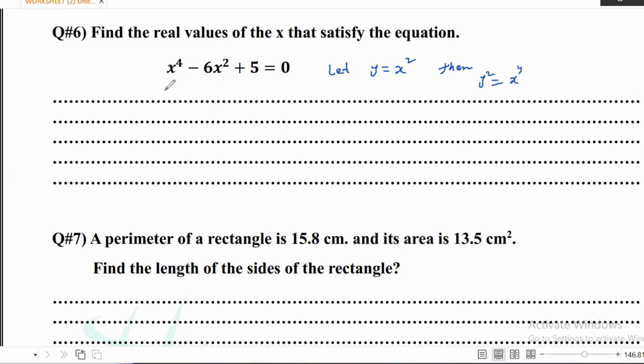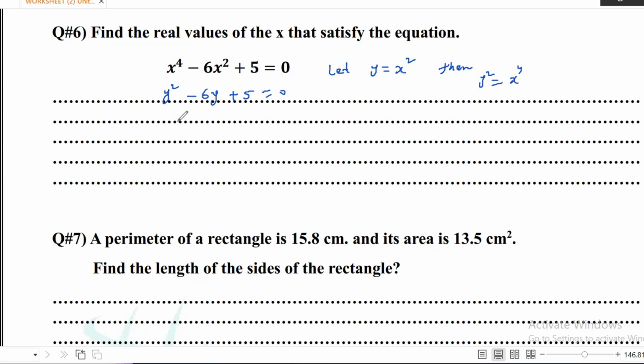So in place of x to the power 4, we can say y squared minus 6y plus 5 is equal to 0. So after this, it's a normal quadratic equation. So we can think about the factorization concept as well as completing the square. First of all, factorization. Our product is 5 and sum is 6. 3 and 2 will work for us.